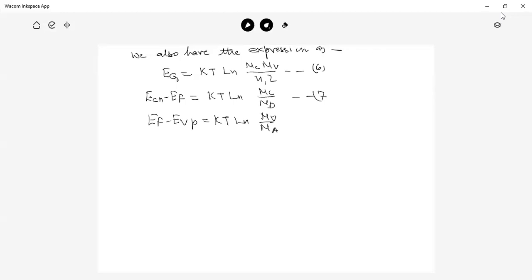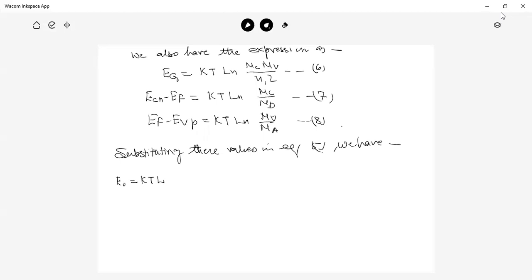This is equation 7, and here is equation 8. Substituting these values in equation 3 or equation 5, we have E0 is equal to KT ln NC NV upon NI square minus KT ln NC upon ND minus KT ln NV upon NA. That is equation 9.